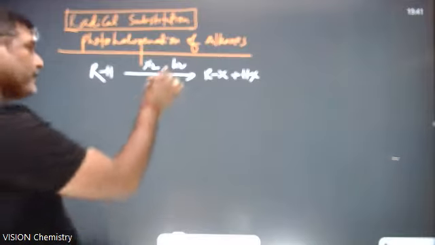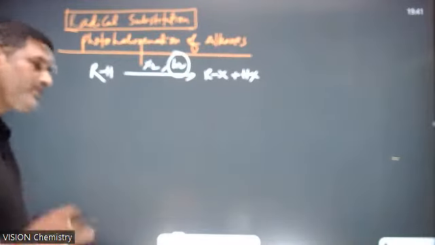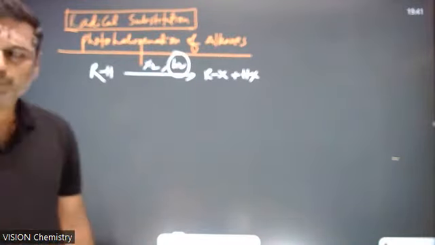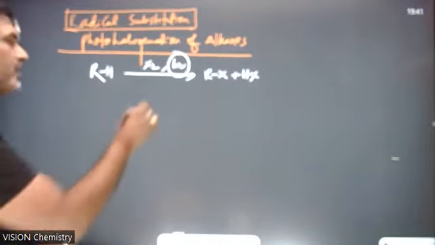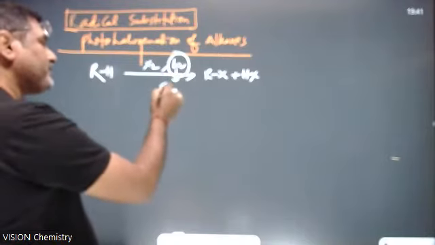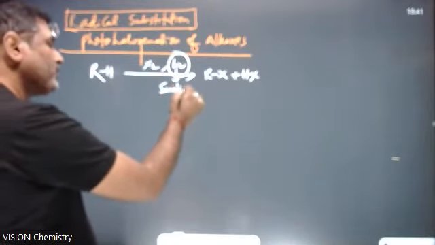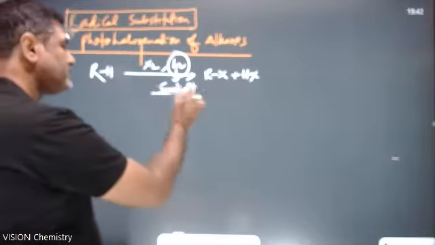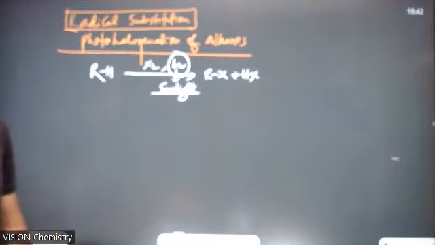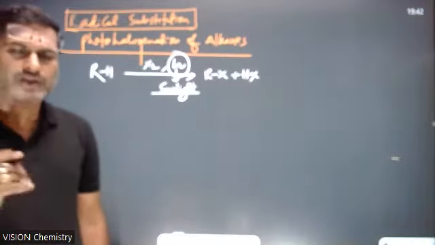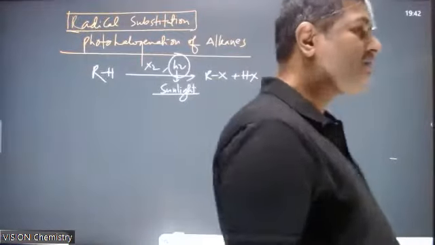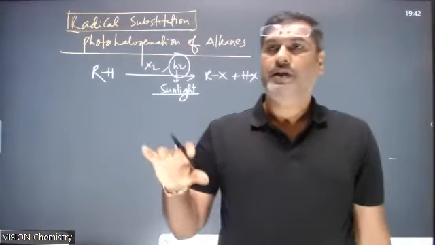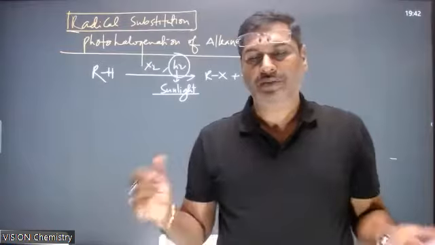Here h nu is written. What is the purpose of this h nu? It represents the sunlight. You know, h nu is the energy of the photon. Students may ask, sir, does it mean this reaction is possible in any kind of sunlight?